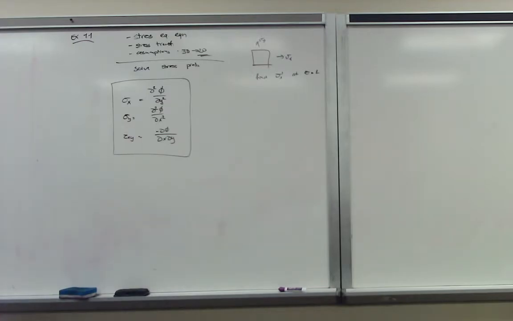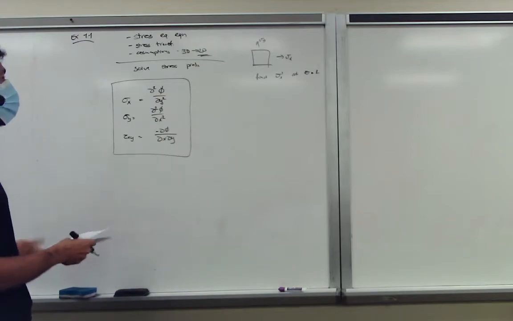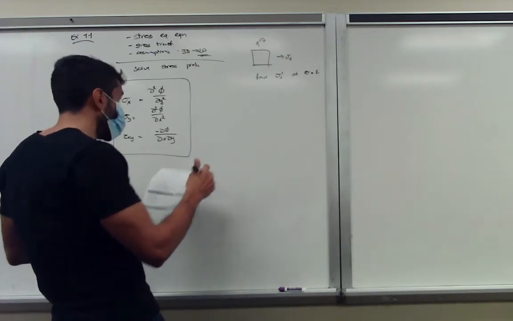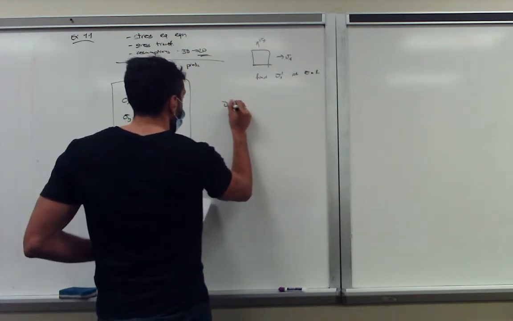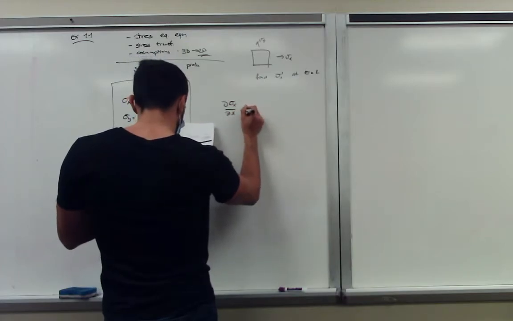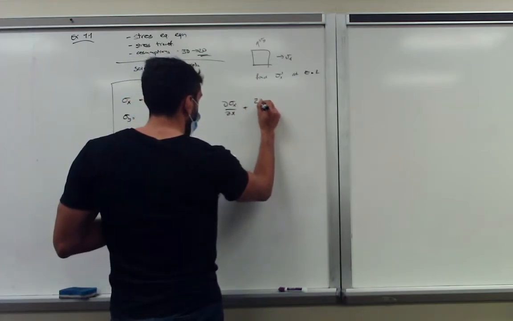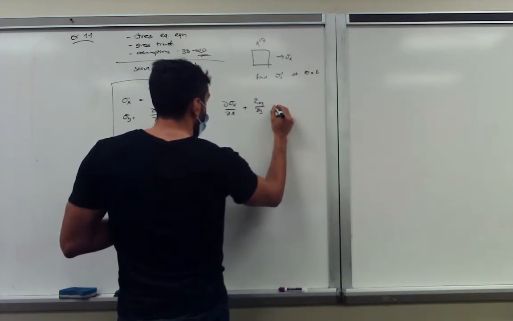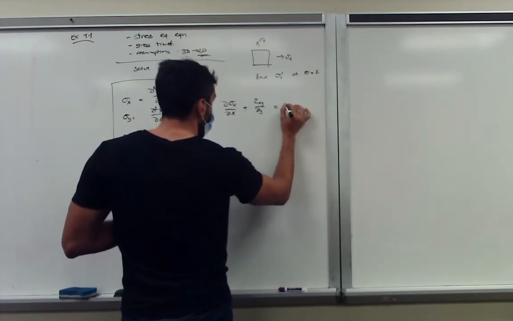And to do so, he started with our 2D stresses. If we remember our 2D stress equations, we had partial sigma x over partial x, plus partial tau xy over partial y, with no body forces, so X is 0, equal to 0.